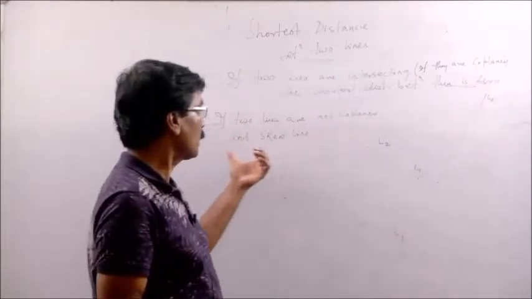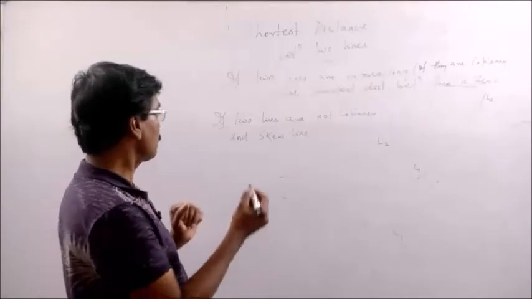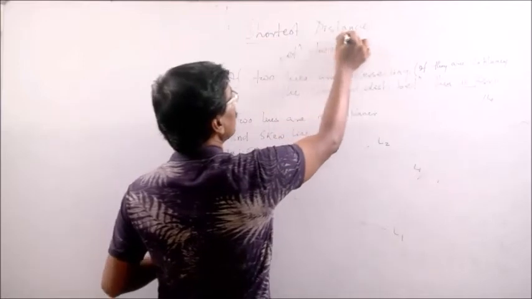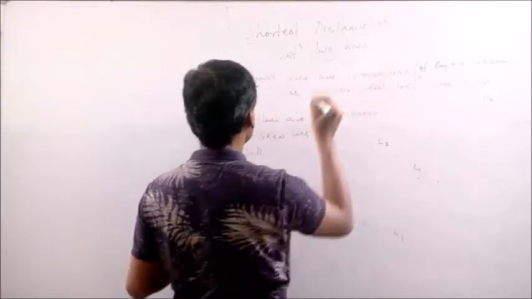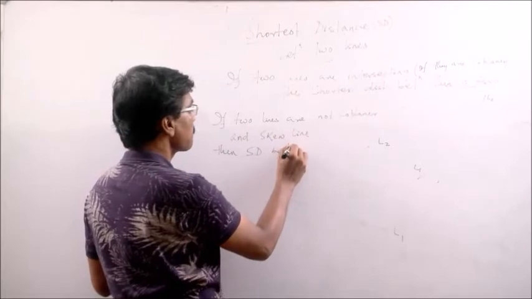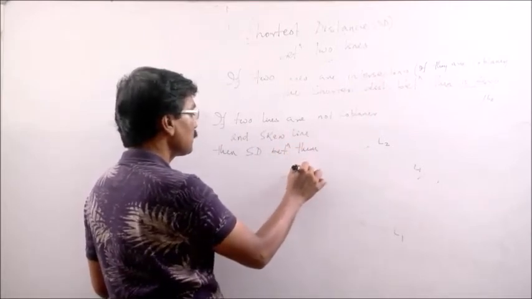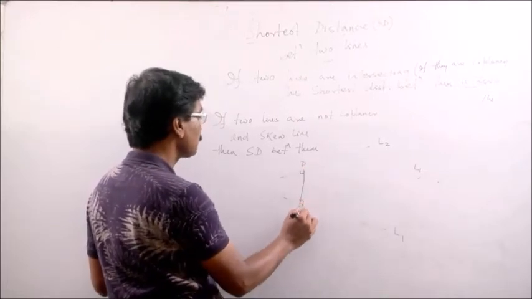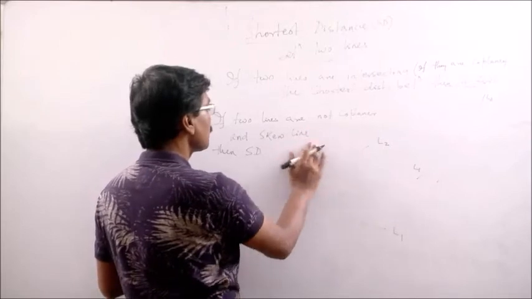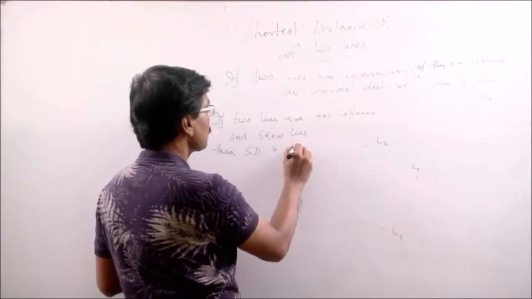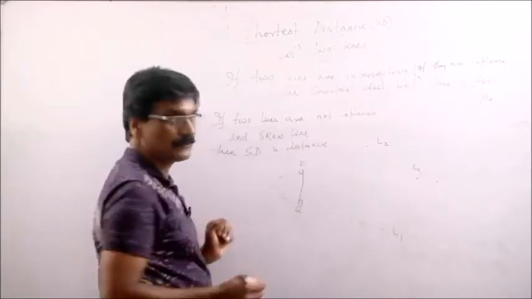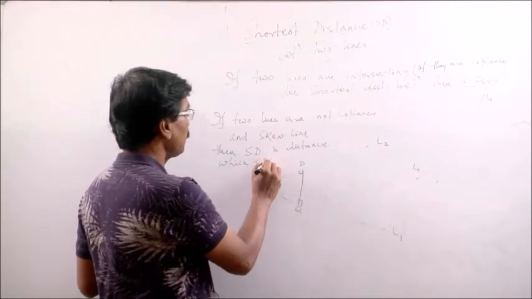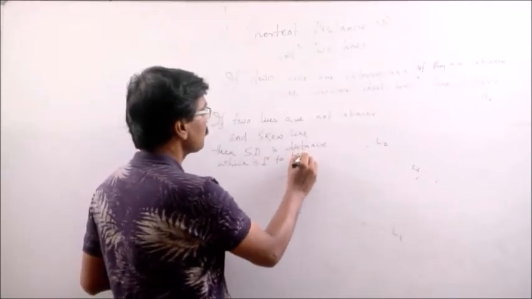If they are not coplanar and they are skew lines, then the shortest distance, which we can represent by SD, between them is the distance perpendicular to both the lines.